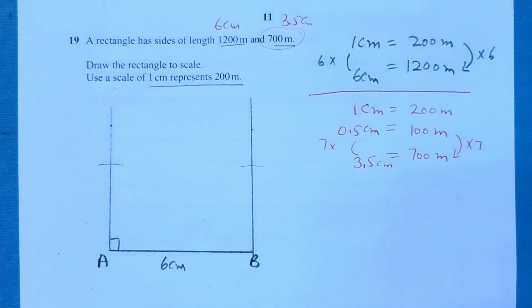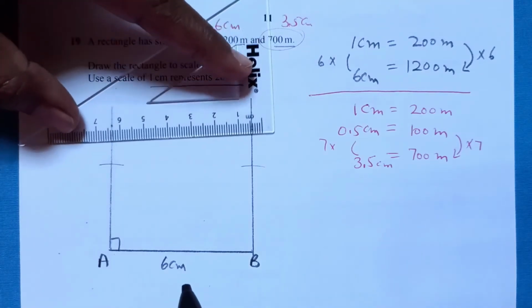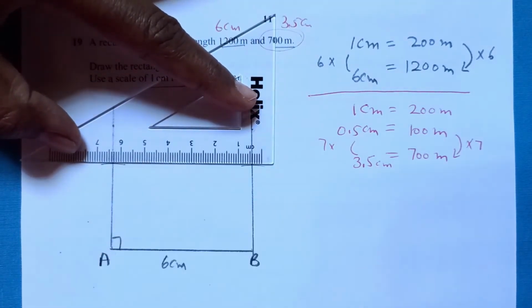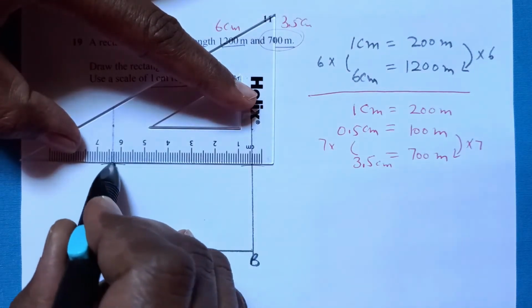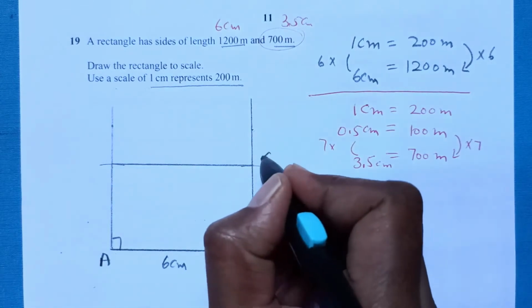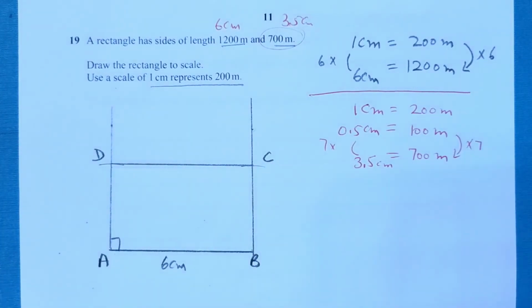Then we are going to join these. So that's it: A, B, C and D. This is our required diagram for rectangle ABCD according to the scale.